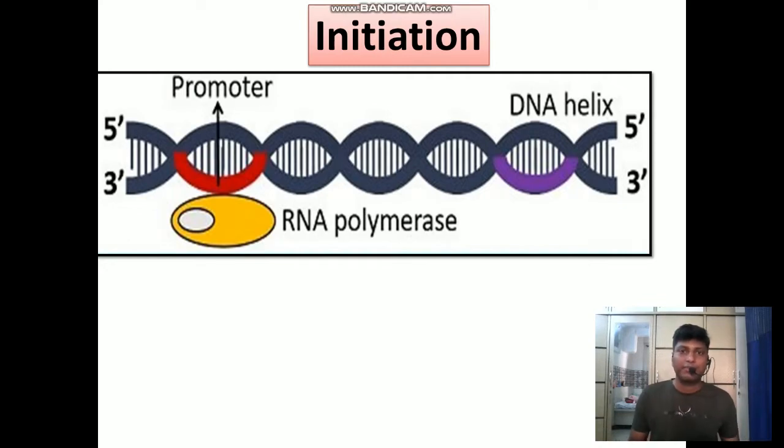In the first step, that is initiation, as you can see on the screen, the RNA polymerase enzyme binds to the promoter, because remember we had said that the promoter is present before the structural gene. So from here the process of transcription is going to begin, and that's why RNA polymerase is going to go and bind to the promoter.